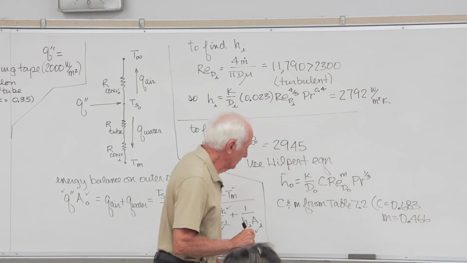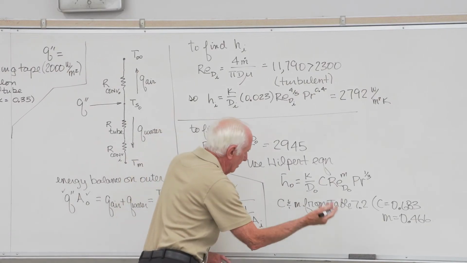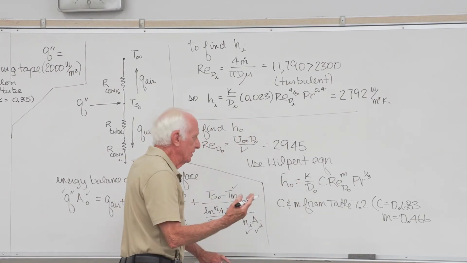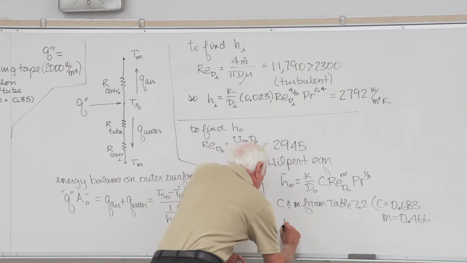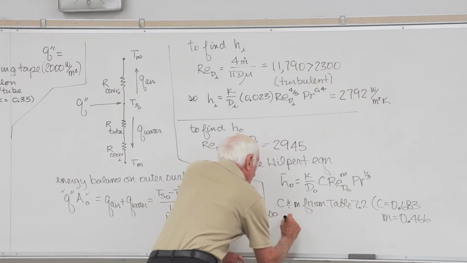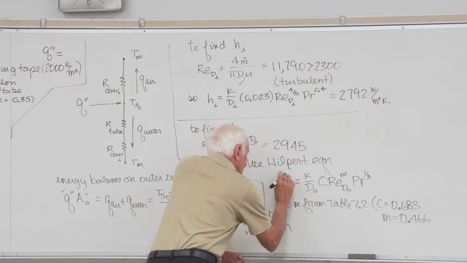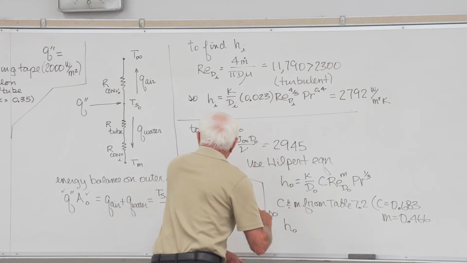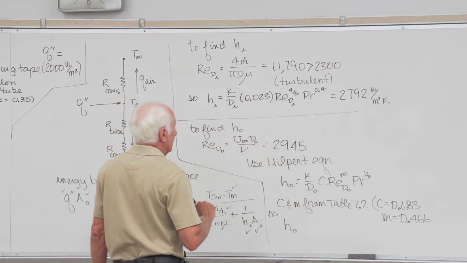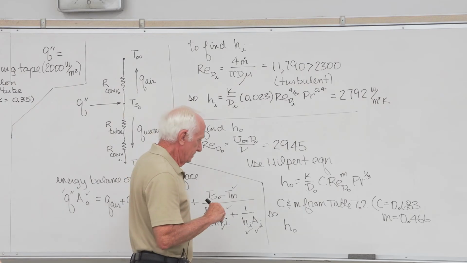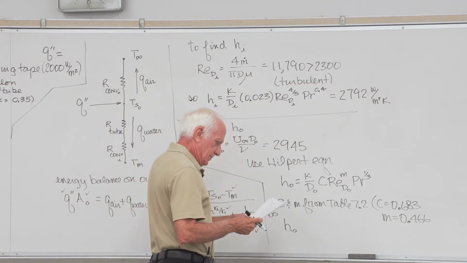Okay. Put those guys in there. We know k, we know D, we know the Reynolds number, we know the Prandtl number, and get h bar out. Get the bar out of there. h outside, we don't want any bars in there. h outside is 25.